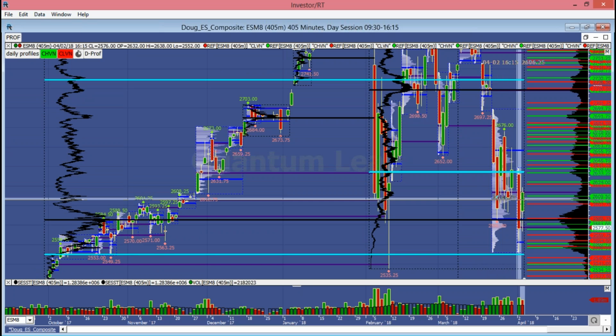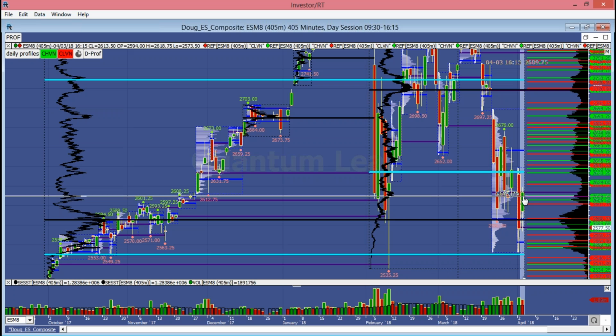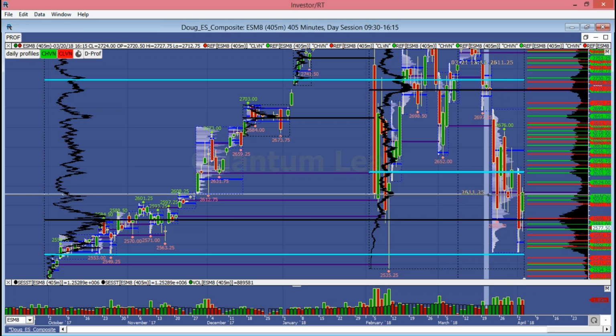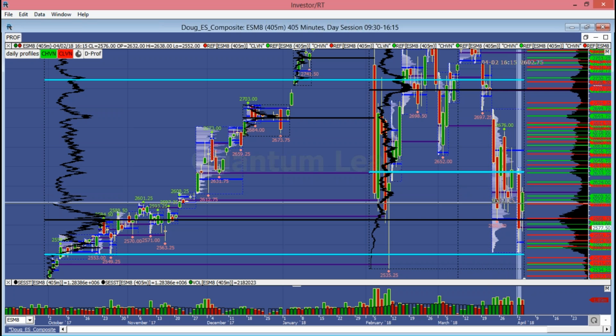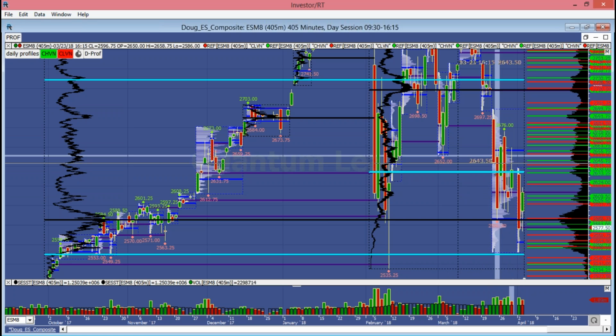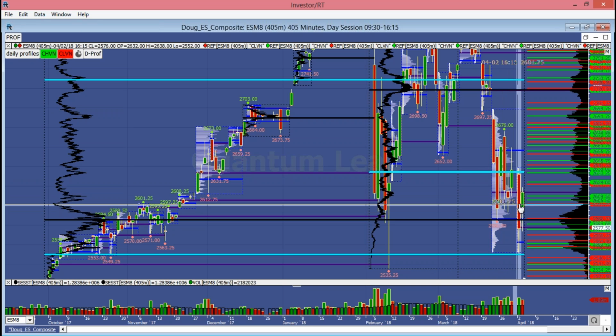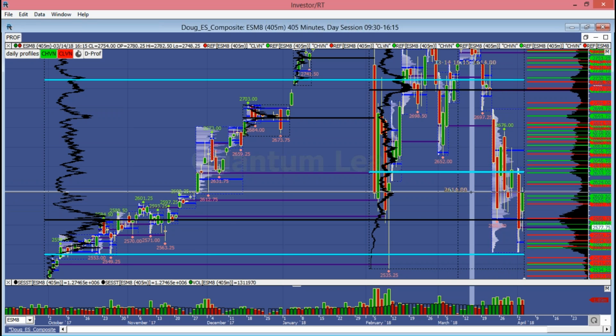I added these 2 days in because we rotated back up into value yesterday, and back up to what was the 6-day microcomposite VPOC. So I've added the Monday and the Tuesday into this smaller time frame profile, and the VPOC for that really hasn't changed. It's in the 1350 area.